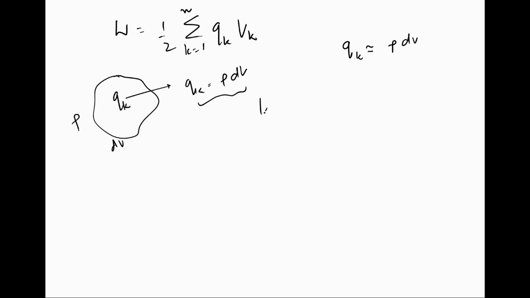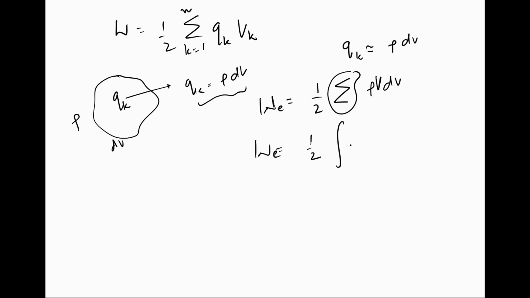So you see that the electrical work or the energy stored will be half of rho dV times V, which is already present because of already present charges. I will change this summation sign to an integral sign. It will be rho, the potential due to already present charges, into dV dash.